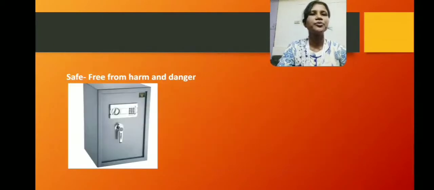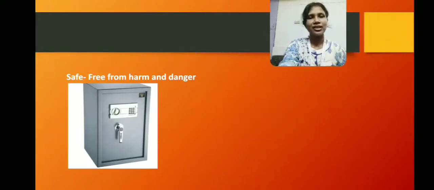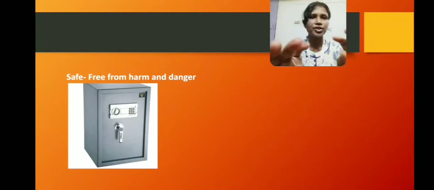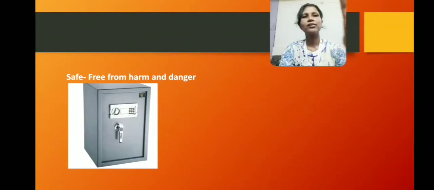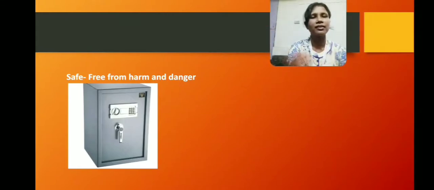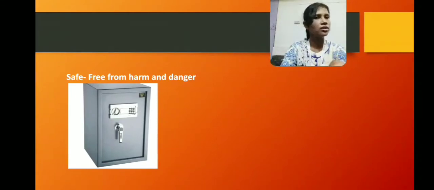Now let us move towards our last new word, that is safe. That means free from harm and danger. Nothing bad will happen. Here I have given a picture of a locker. For example, inside this locker there are some important files, some money, and other very important things, and we have closed the door and locked the locker.